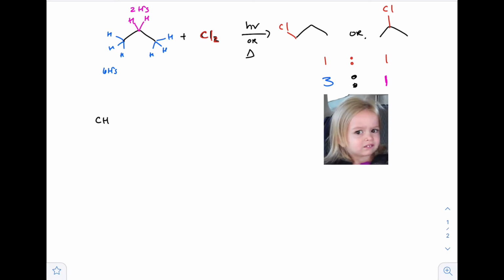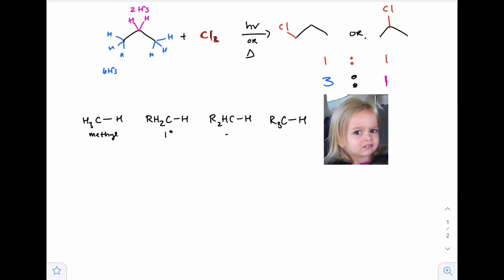Well, we already introduced the stability of the radicals and the strengths of the bonds. And so let's just remind ourselves of that again. So we have our methyl, we have our primary, we have our secondary, and we have our tertiary alkanes, right? So I'm emphasizing these CH bonds because that's really all we care about.